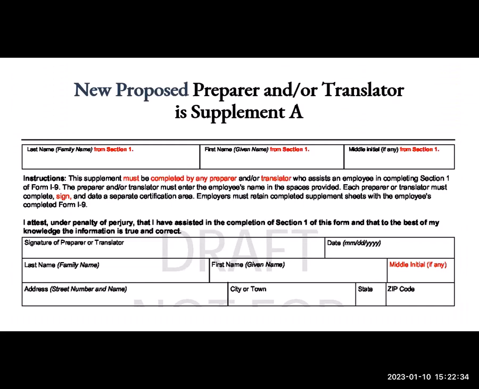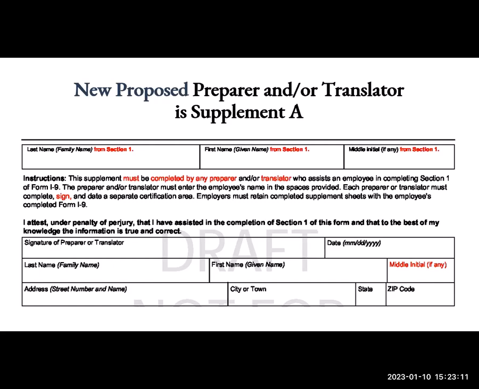And in my own view, this is a good idea. They're very, very similar to what you're used to seeing, except for the fact that now they're on their own. I rarely see the preparer or translator sections used, at least in the population of my clients and the companies that we work with.